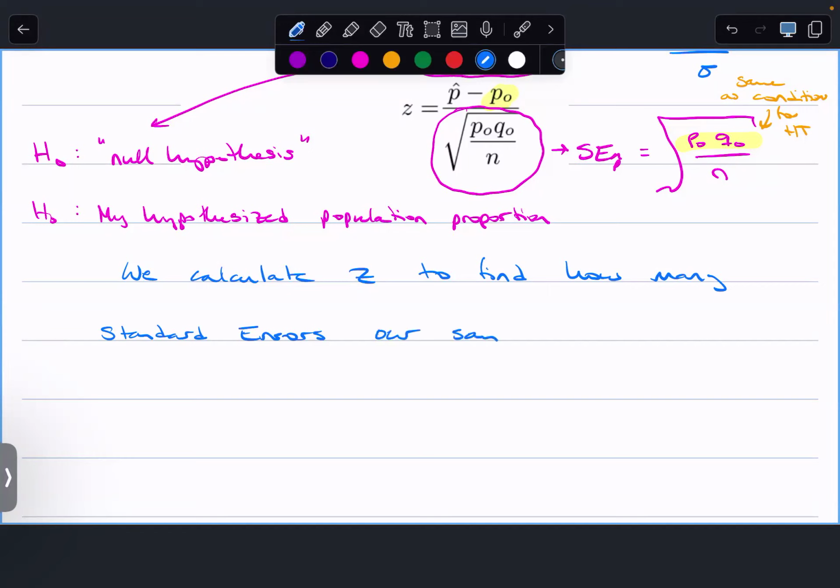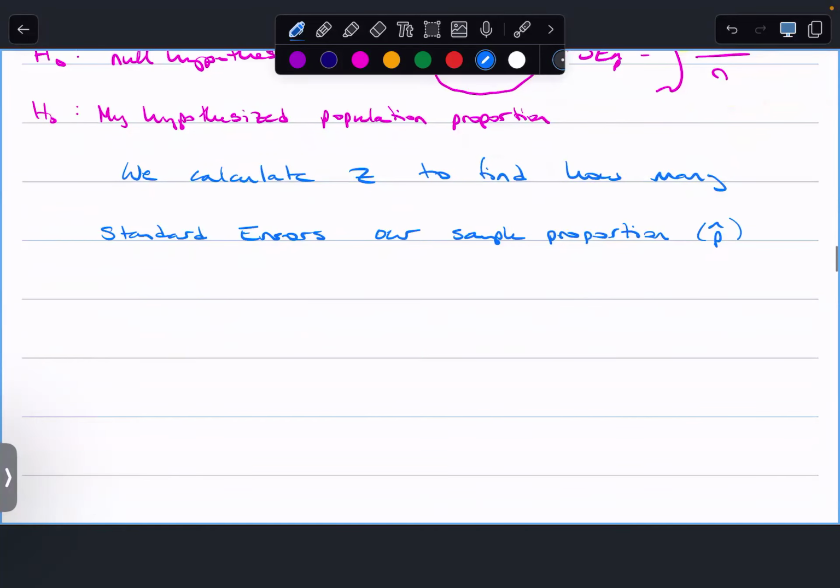Our sample proportion, P hat, is from the hypothesized proportion, P naught.